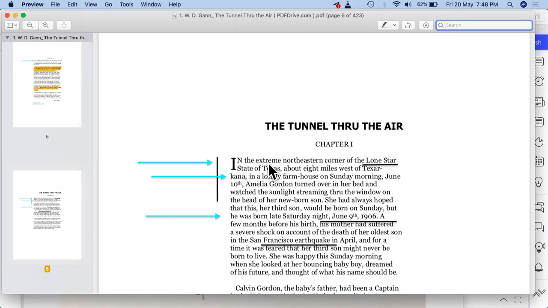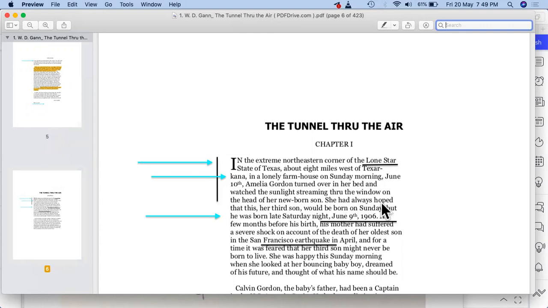One, two, three, four, five, six, seven, eight, nine: 9 letters in the first line. 9 letters in the second line. 9 letters again in the third line. 9 letters in the next line. Then 8, and then 10 letters.